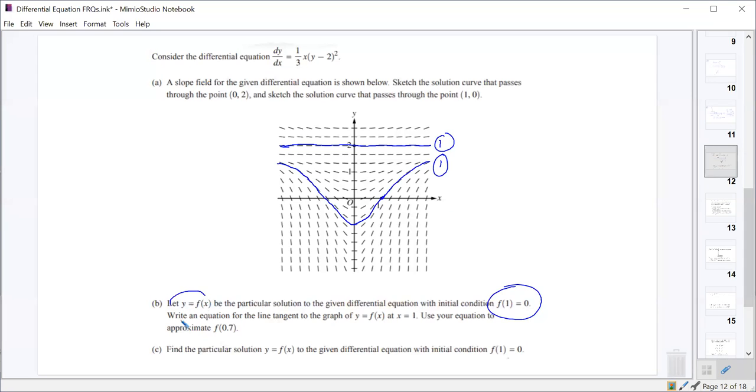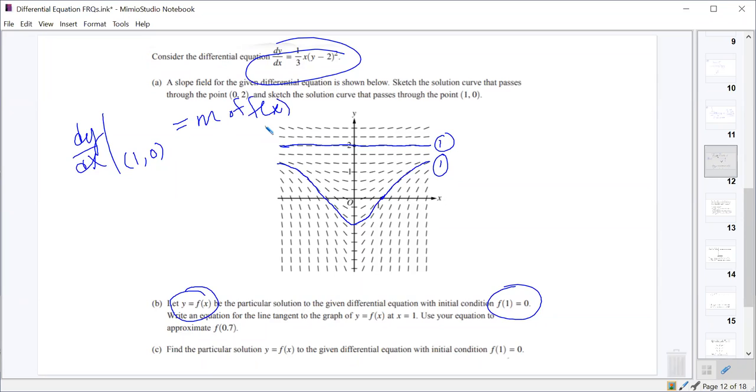So if f of x is the solution to this, then that means that this is the derivative to y equals f of x. So we can use that derivative at the point that they tell us about, 1, 0, to find the slope of f of x.